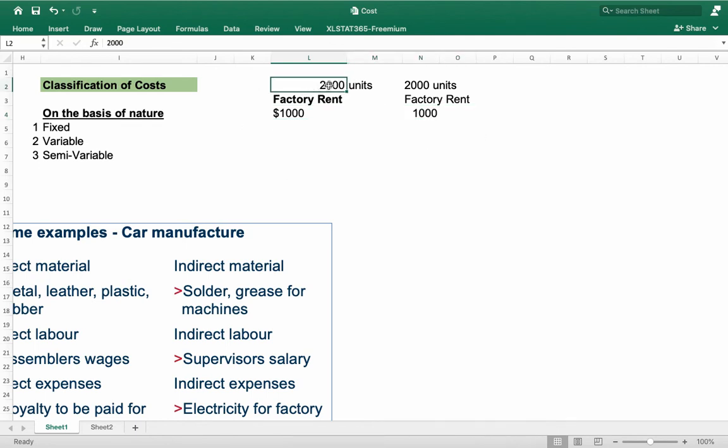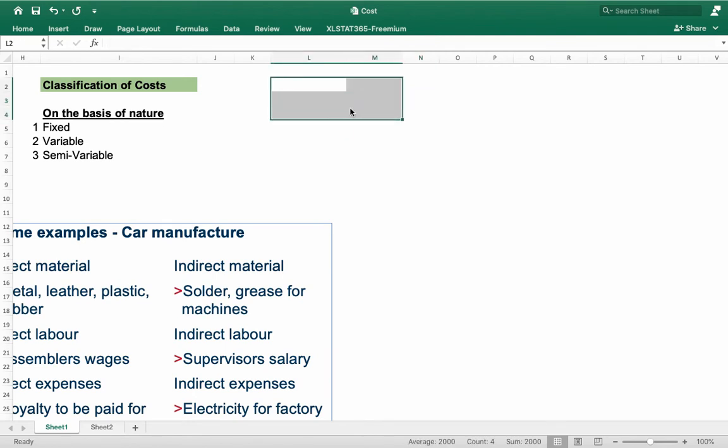So fixed cost will remain fixed only up to a certain level. The moment you cross that limit, it is no longer fixed. If you are producing up to 2000 masks, one factory is enough and you keep paying 1000, no problem. But if you need 4000 masks, this factory is not sufficient and you have to set up another factory, and the factory rent will increase.